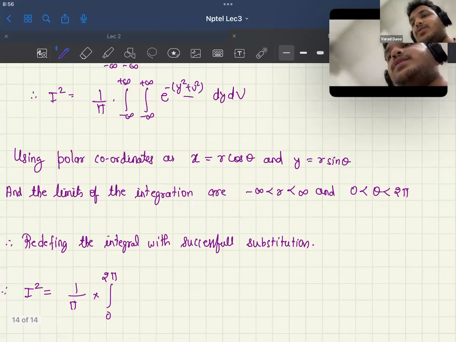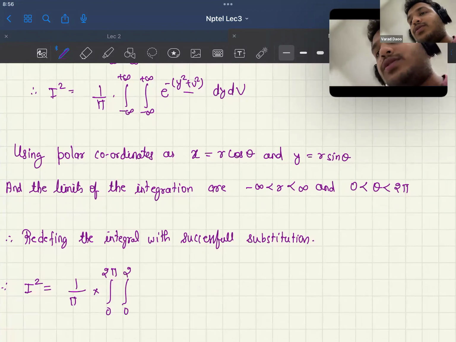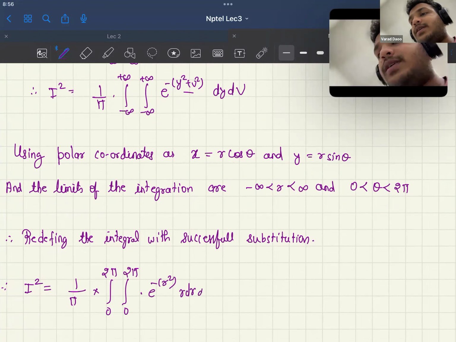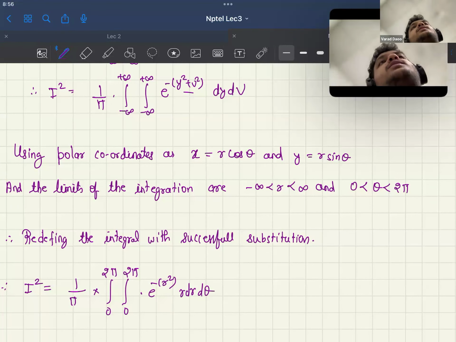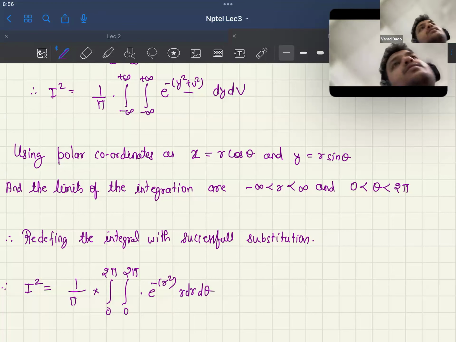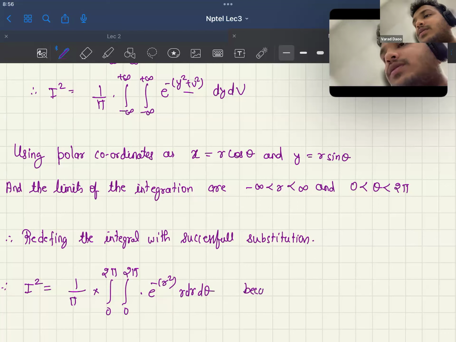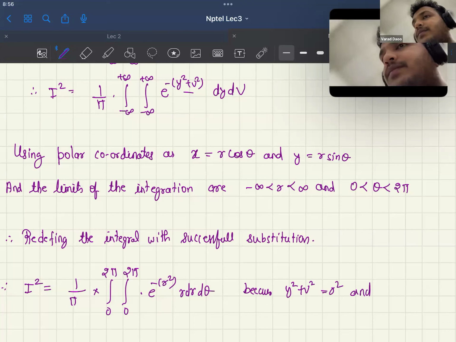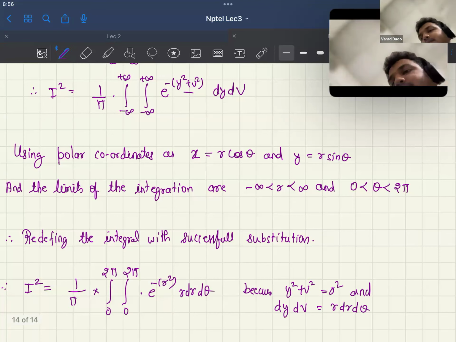And hence this becomes 0 to 2 pi, 0 to 2 pi, e to the power minus r square r dr d theta, correct? Okay? Because y square plus v square is equal to r square, and dy dv is equal to r dr d theta, right?